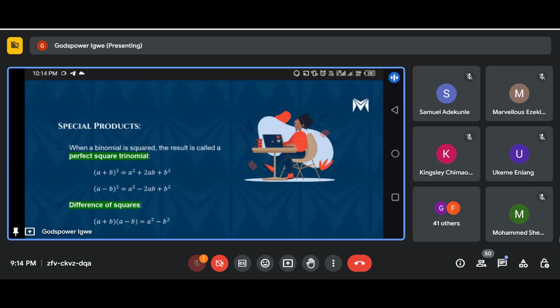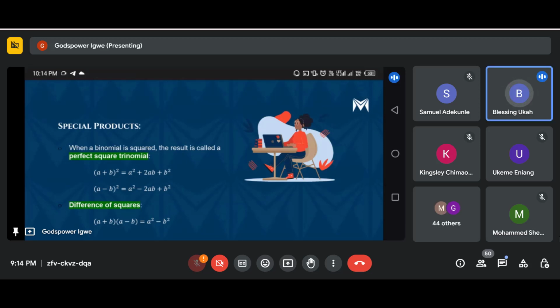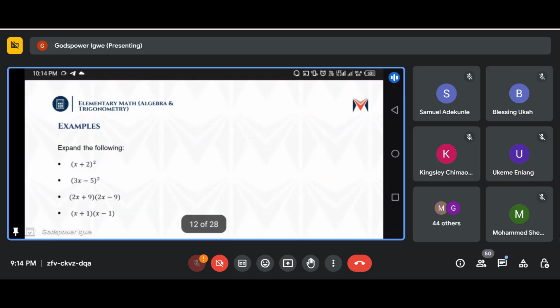So, what's the answer to the one we solve now? You said it is 9x squared, then minus 30x, then plus 25.